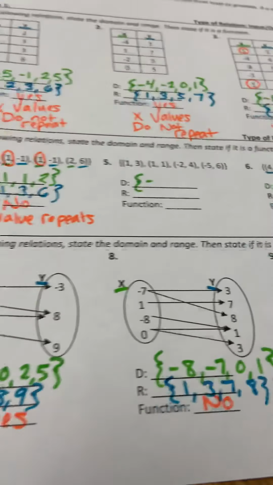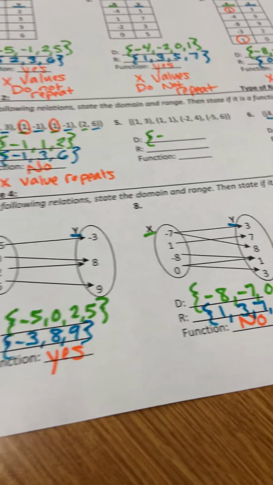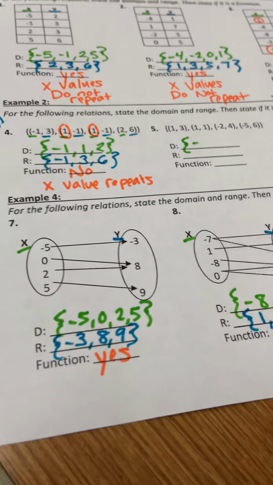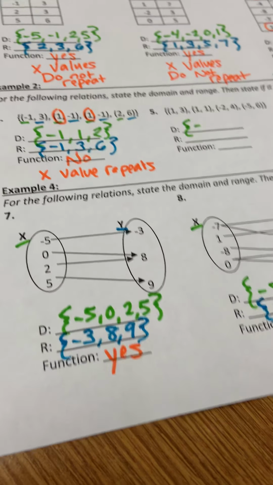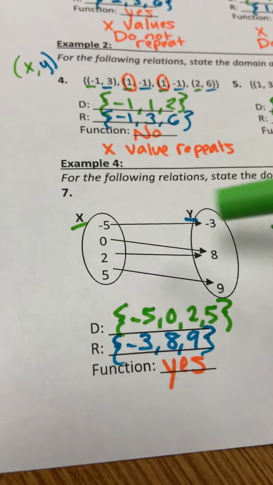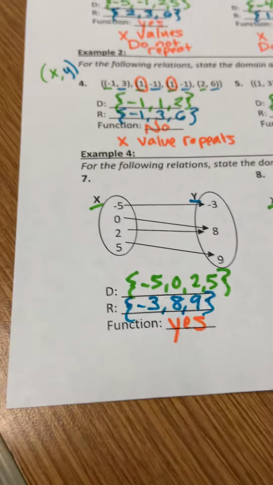All right, then the last example before the graphs, which I'm going to do in a separate video because those take a little longer to explain, is the mapping. So for mapping, first I'm going to say domain and range.